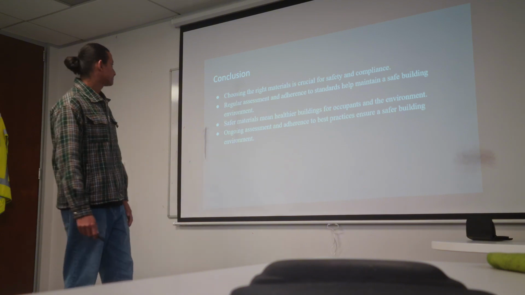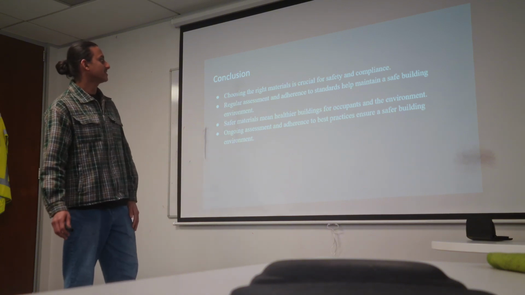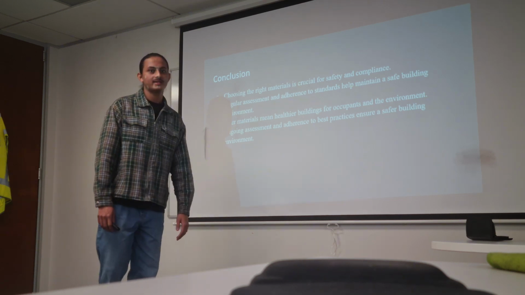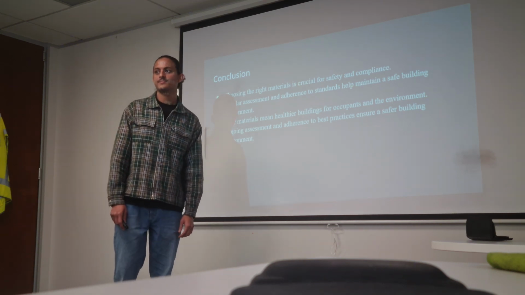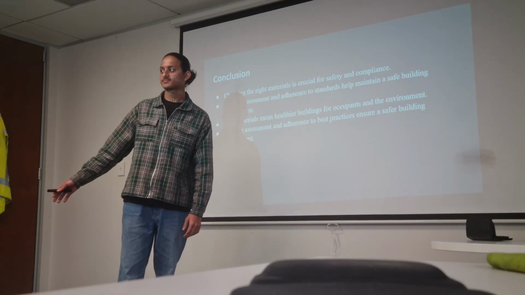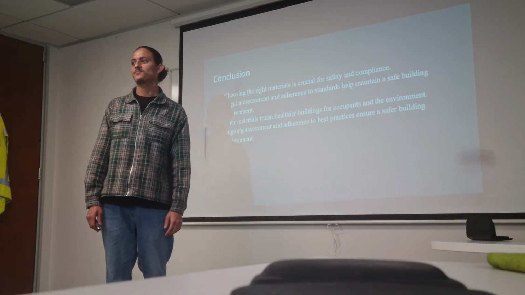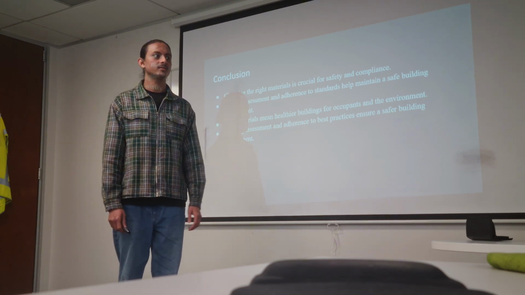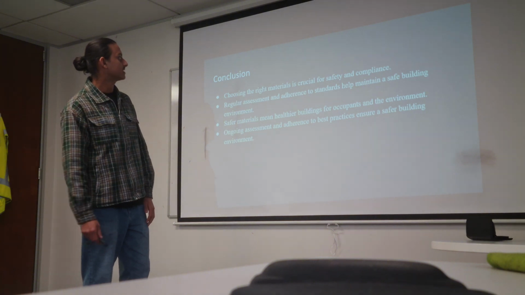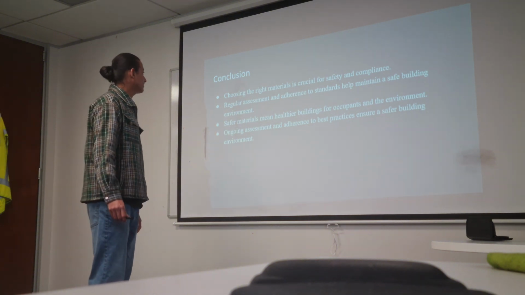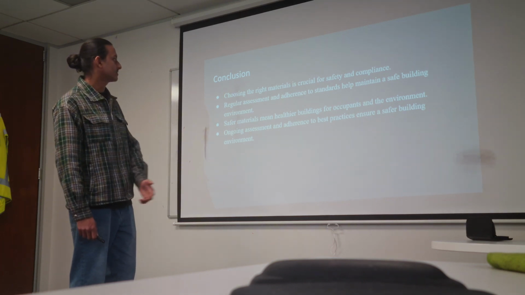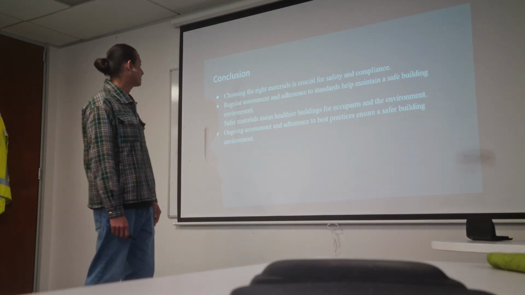So in conclusion, choosing the right material is crucial for safety and compliance. Using modern paints, use of ventilation, and preventing moisture are very important. Regular assessment and adherence to standards help maintain a safe building environment. Safer materials mean a healthier building for occupants and the environment.